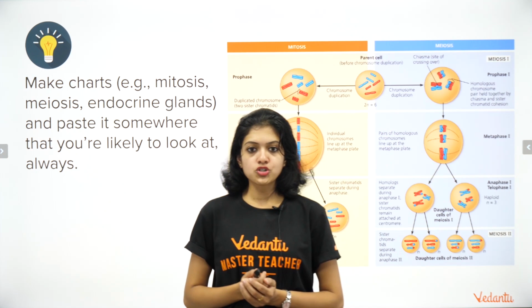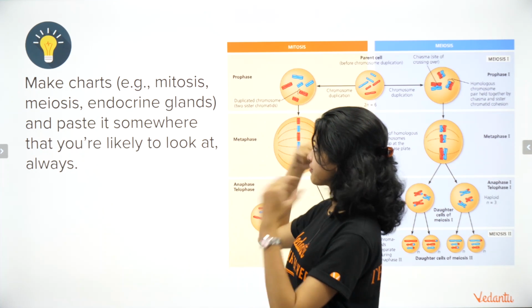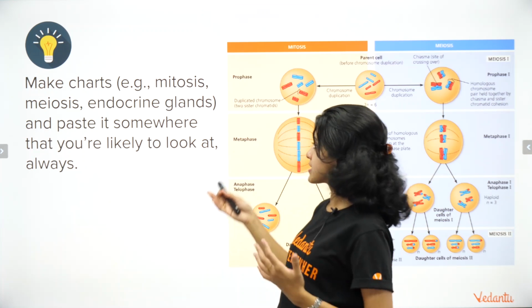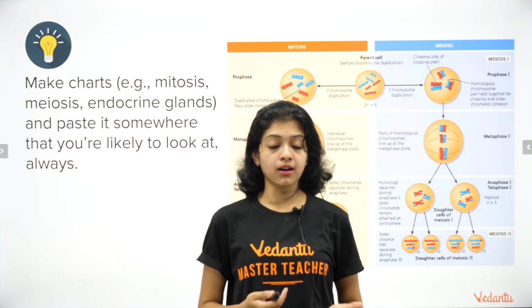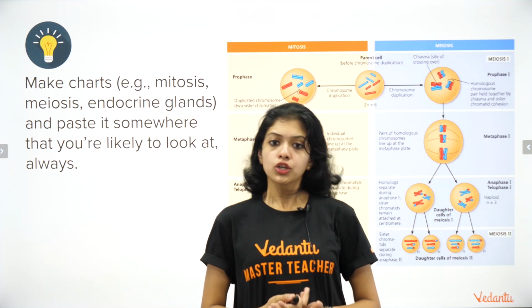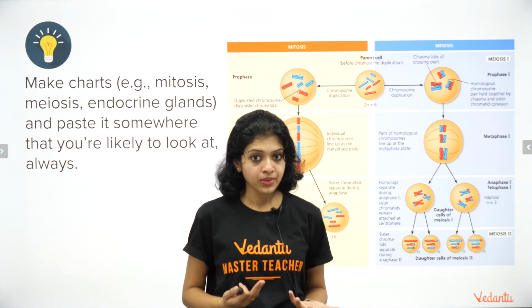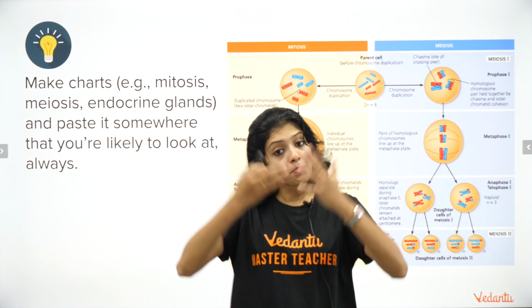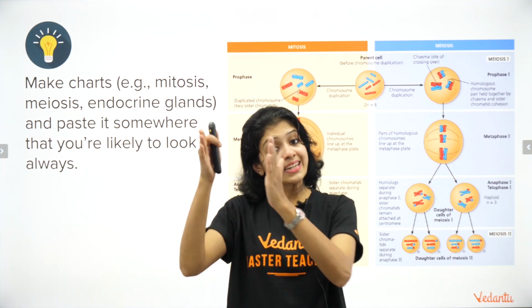Right? So this is a very useful tip, and here the examples that I have given are mitosis, meiosis, endocrine glands. Yes, for the chapter about endocrine glands, you have about 4 or 5 major endocrine glands to study, right? So you could make a table, right? You could have the first column with the name of the gland.